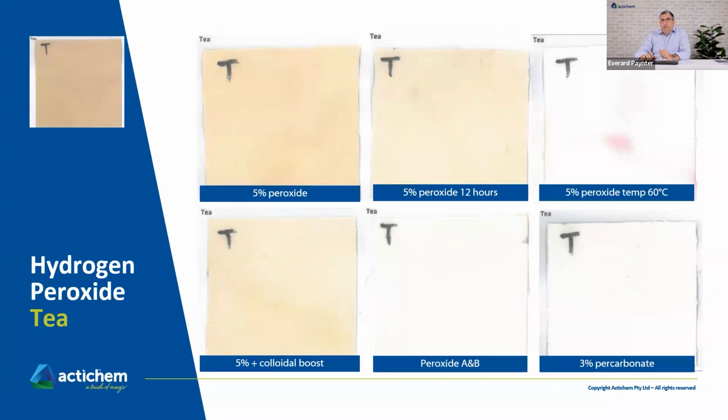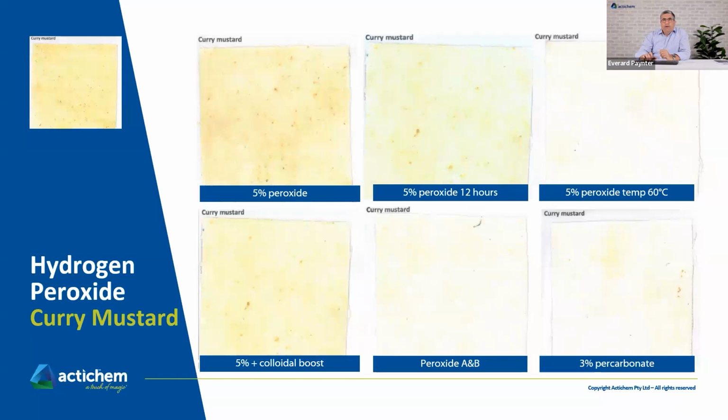The far right-hand one with the little red dot in the middle is just a phenomenon that happened in the laboratory, so just ignore that. But you see the results that we get out of hydrogen peroxide when using it intelligently, you might say. And finally, curry stroke mustard. A very, very difficult dye to remove, a dispersed dye, one of the most challenging to remove. Hydrogen peroxide, once again, comes out trumps.